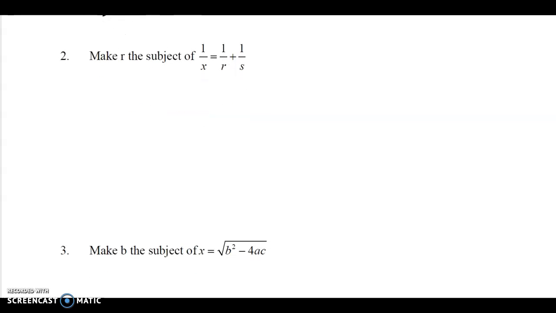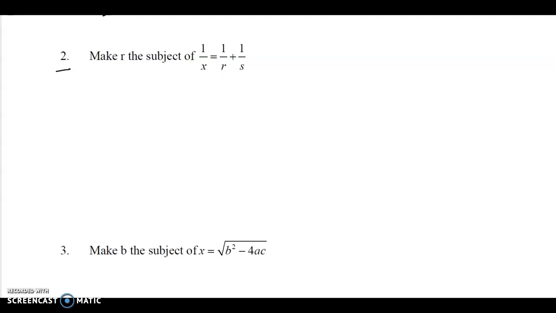Two left. Question 2, we want to make r the subject of this equation here. So to do this, if we multiply each of our parts of this, like we did in equations earlier in the topic, if we multiply each part by r, then that's going to be able to get r off the denominator there.